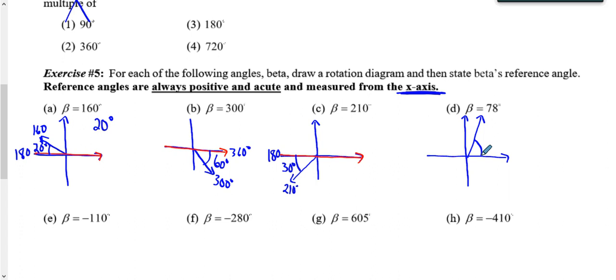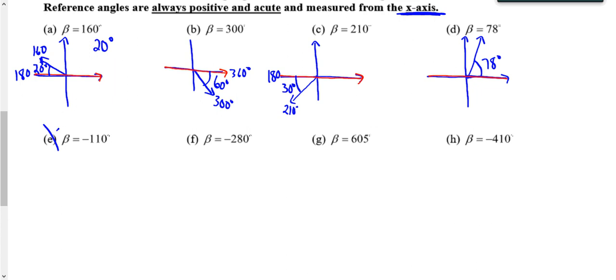No, it's always with the x-axis, always with the closest part of the x-axis. What's the reference angle? 78. It's just 78, because it's already acute. The reference angle is just some acute version of the angle you're given. So reference angle 78.